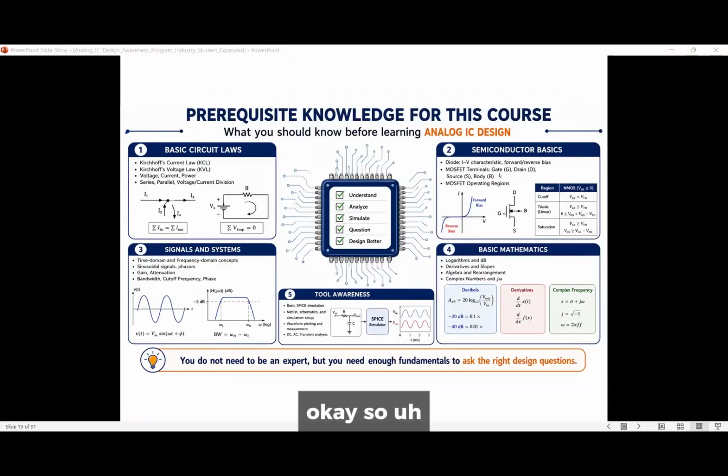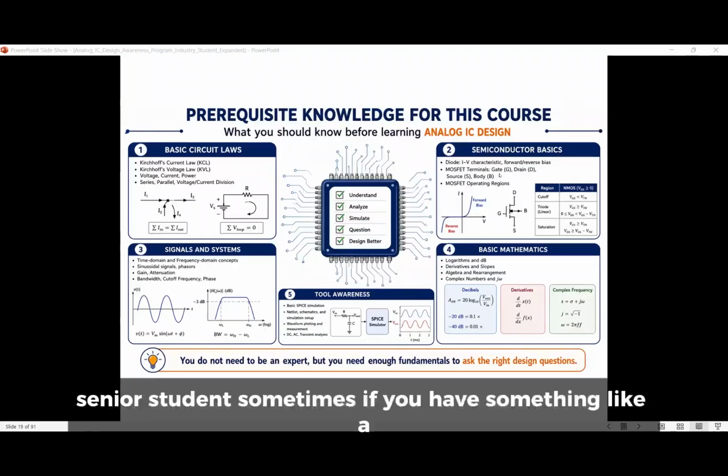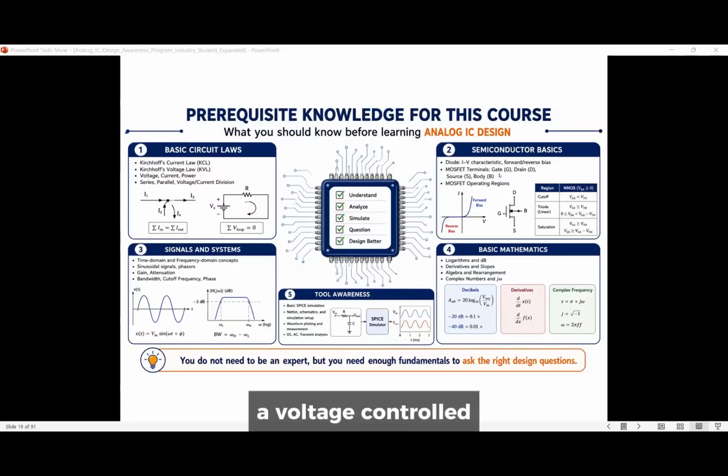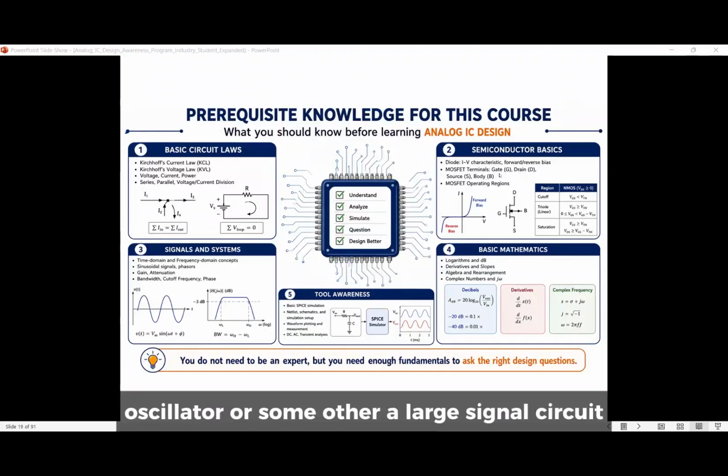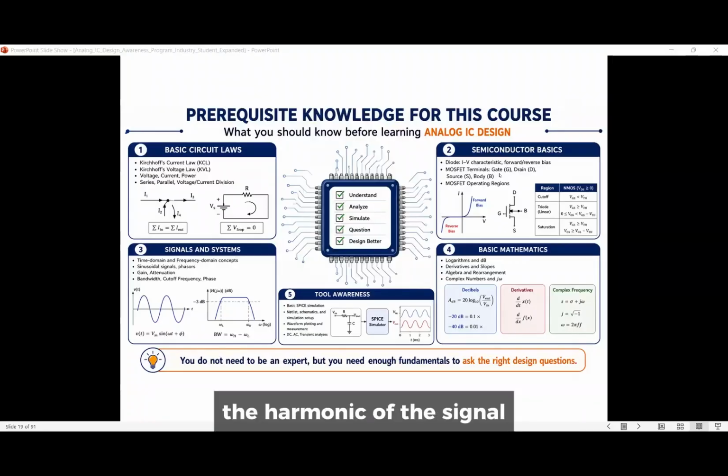If you have experience in university working on measurements with senior students, sometimes with a voltage-controlled oscillator or some other large-signal circuit, you will see harmonics of the signal in the spectrum analyzer.